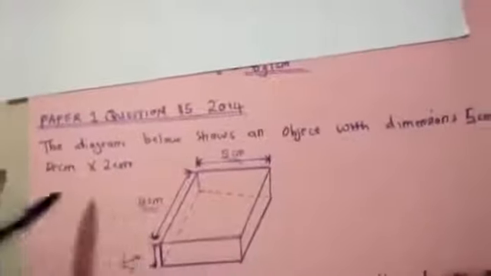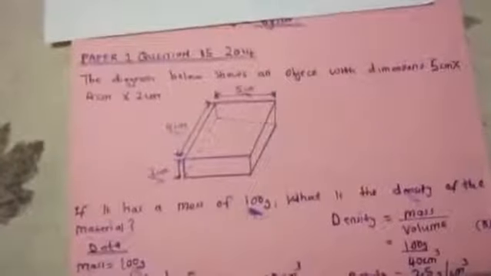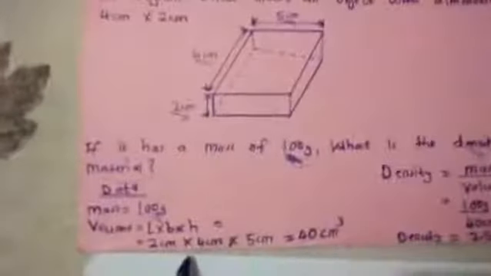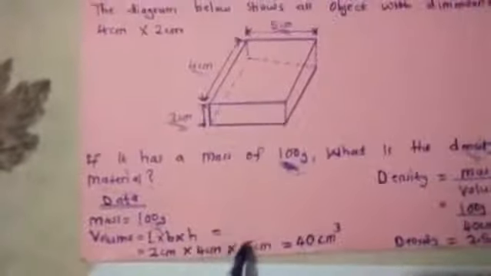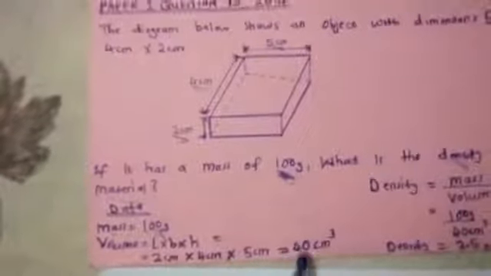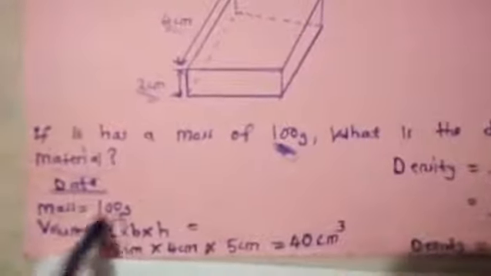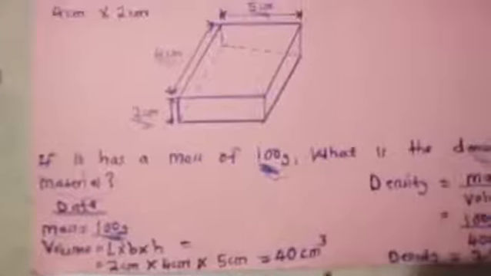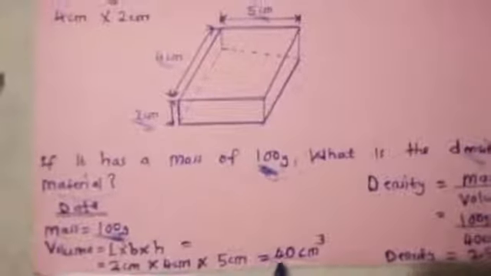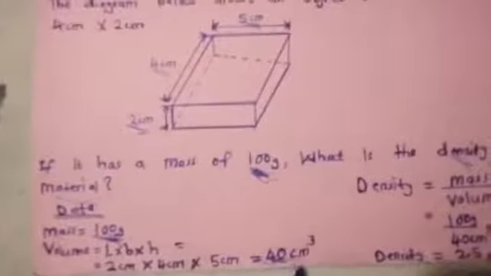When finding the volume, the formula says volume is equal to L times B times H. So 2 cm times 4 cm times 5 cm, our final answer is 40 cubic centimeters. So our mass is 100 grams and our volume is 40 cubic centimeters.